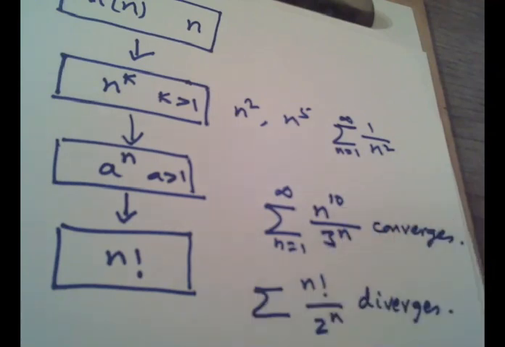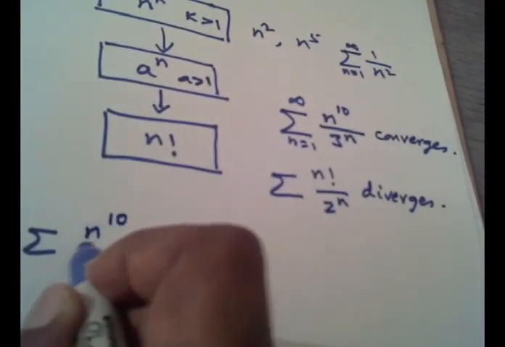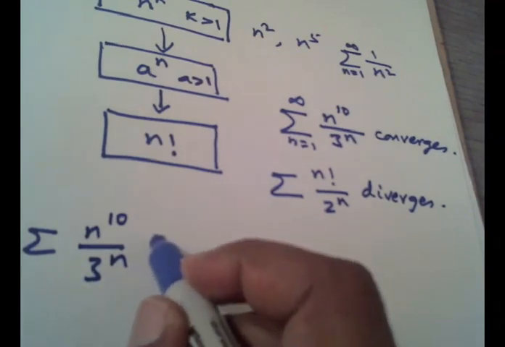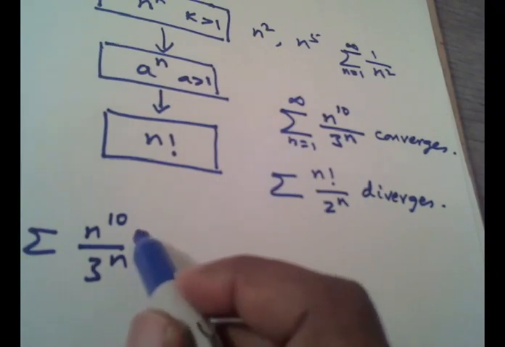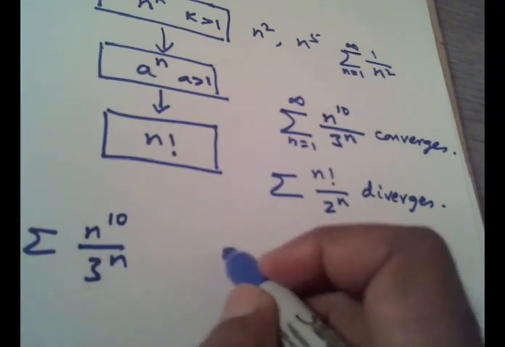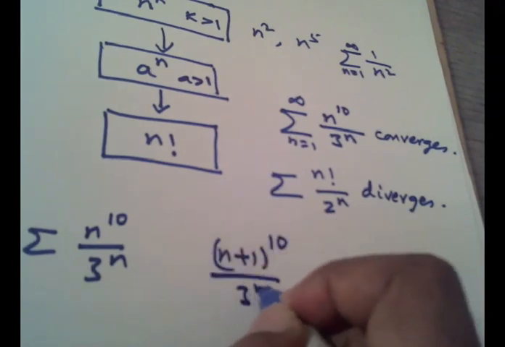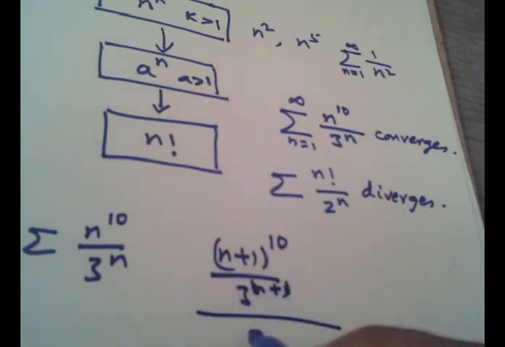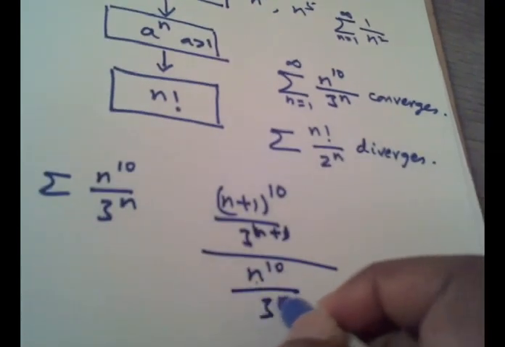You have sigma n to the power of 10 divided by 3 to the power of n. So our ratio test would be, what does it say? You take the next term, n plus 1, and take the ratio, which would be n plus 1 to the power of 10 divided by 3 to the power of n plus 1, and we divide by n to the power of 10 divided by 3 to the power of n.